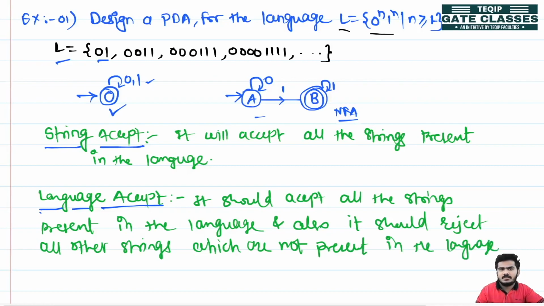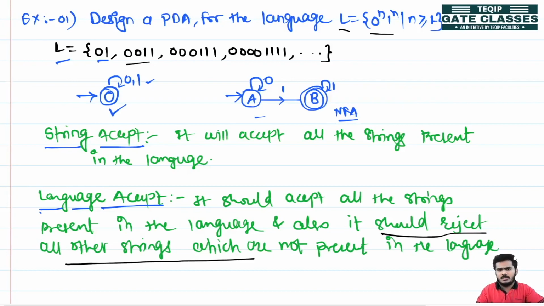It means it should accept all the strings in the language, but this finite automata accepts all strings; it should compulsorily reject all other strings which are not present in the language.